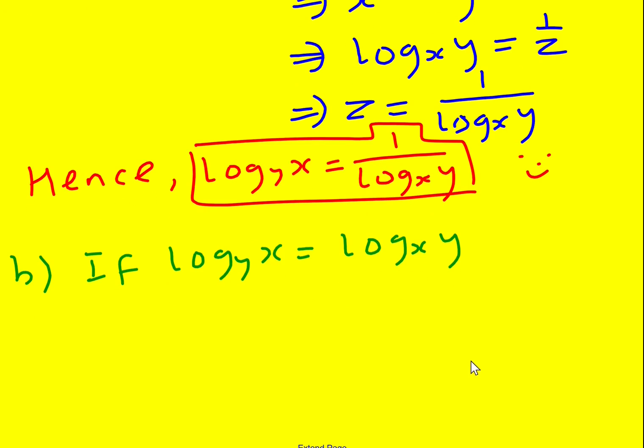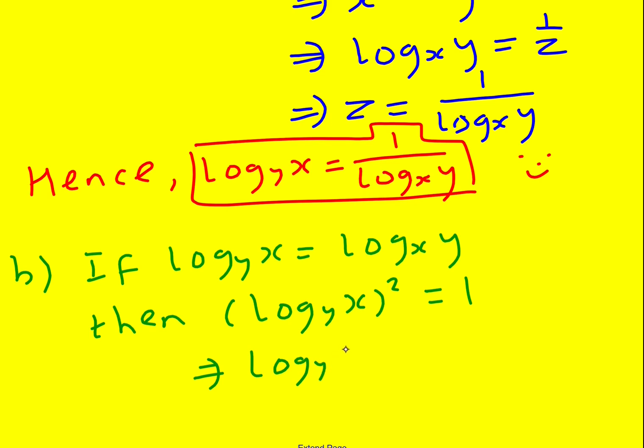So if they're the same thing, then I can multiply them, I can basically replace this by log to base y of x and times through. And that must equal 1. And hence log to base y of x must equal plus or minus 1.